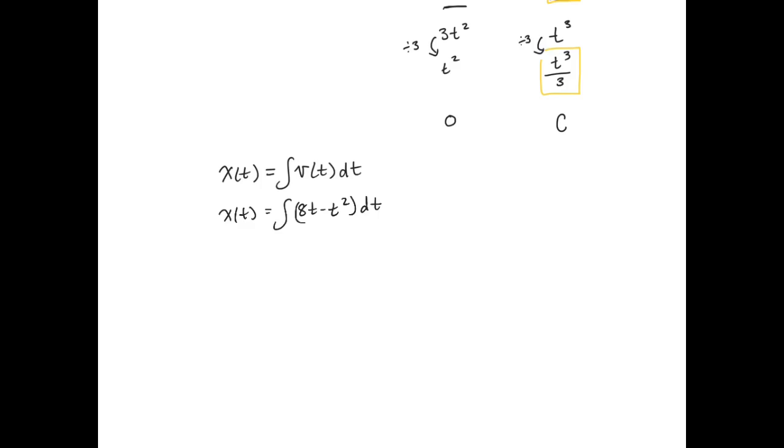When we evaluate this integral, this is equal to 4t squared minus t cubed over 3 plus c. This function here is now our position. So if we input any time t, we can figure out the position of the particle at that point.